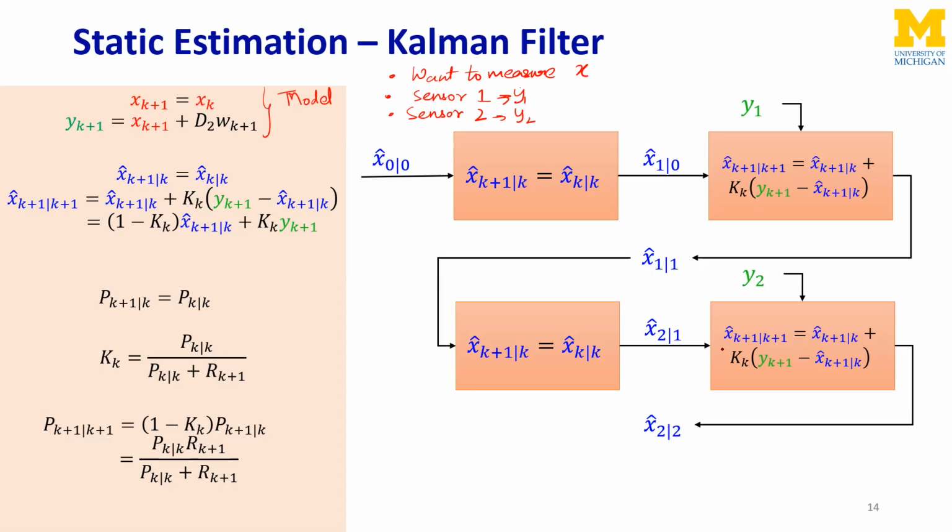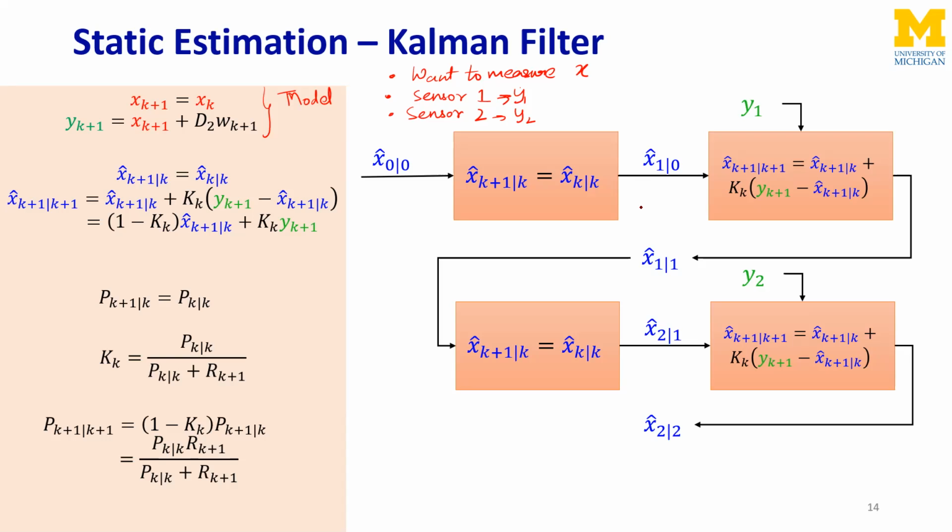The second two blocks are the second implementation, which is going to assimilate sensor 2. So I have a posterior estimate after the first measurement, then I pass it through the physics, and then through the assimilation step using measurement 2, and that gives me my final estimate. So using the measurements Y1 and Y2, we have obtained our posterior estimate. Since we only have two measurements, we only do it for 2 steps, and the posterior estimate at step 2 gives us the estimate of the variable x that we are looking for.